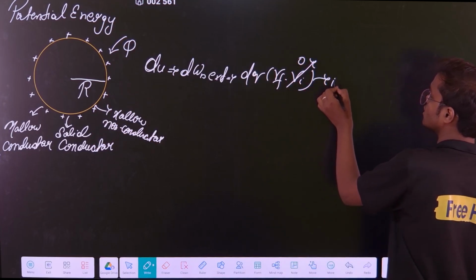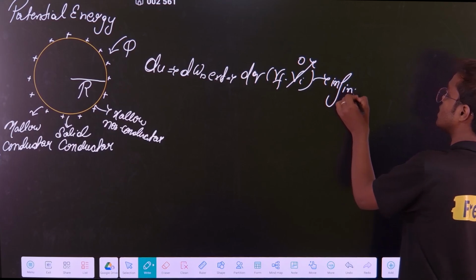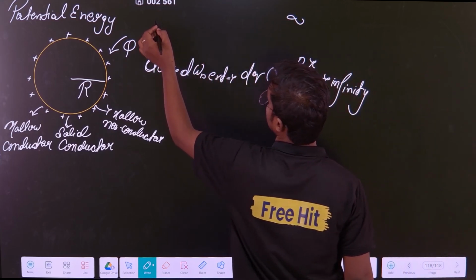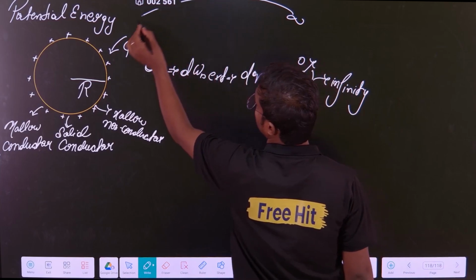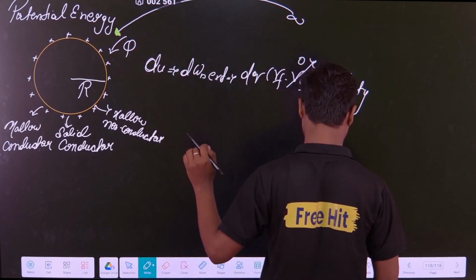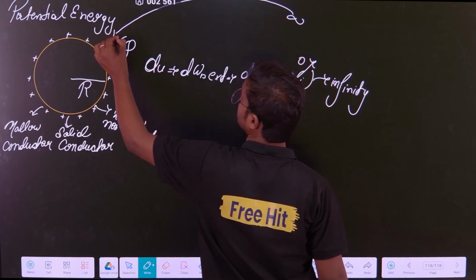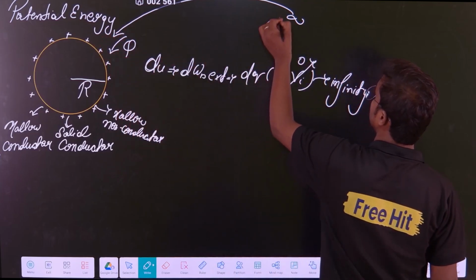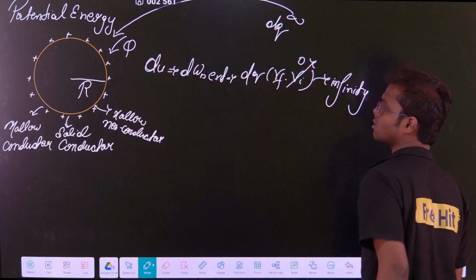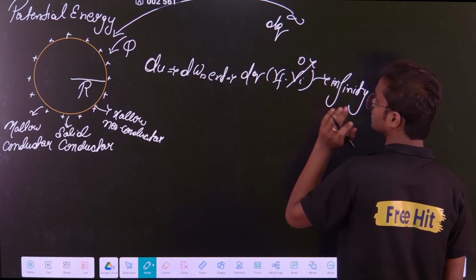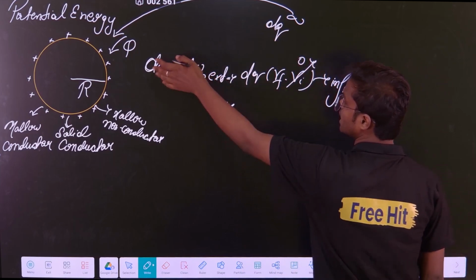Why is it 0? Because it is an infinity point. From infinity we are bringing the charge dq to this point. I hope you are clear now. So obviously the initial potential at infinity is 0. What is the final potential when I bring the charge here?